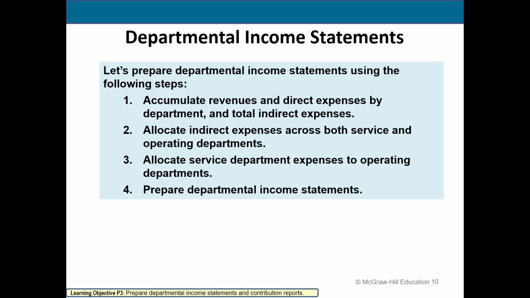And then we will allocate the service departments' expenses to the operating departments. And lastly, we can prepare the departmental income statement. We're going to show an example using A1 Hardware, which has five departments. Two are service departments, general office and purchasing, and three are operating departments: hardware, housewares, and appliances.